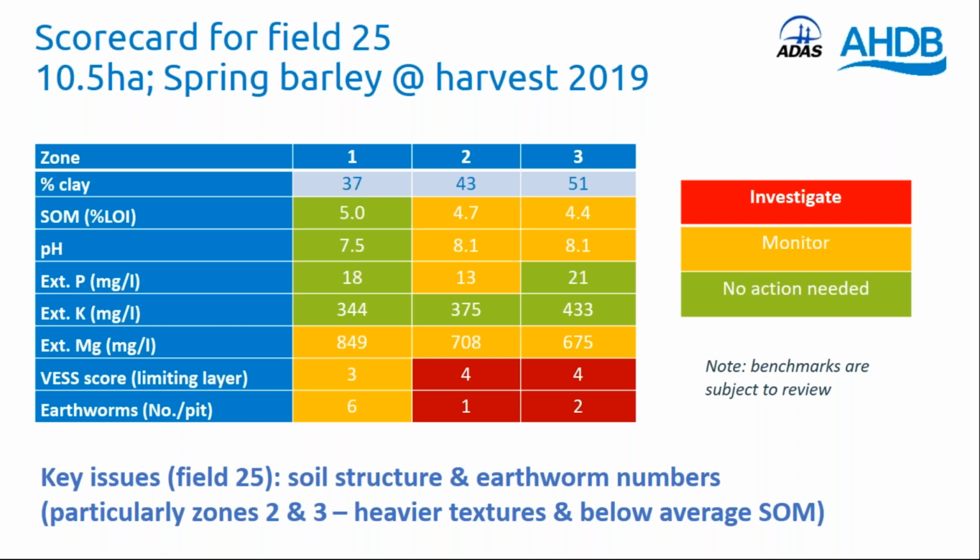So if field 2 had got to 4.9, it might not have moved into the green category. And because it's in a different band for interpretation, if it had been 5.2, it might still have been color-coded amber. Just to say that we have these different boundaries for different soil types. Yeah, that's correct.